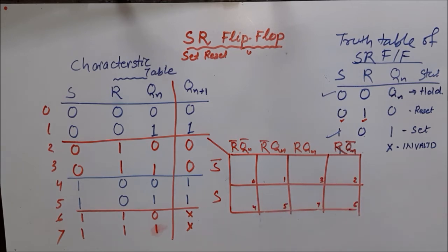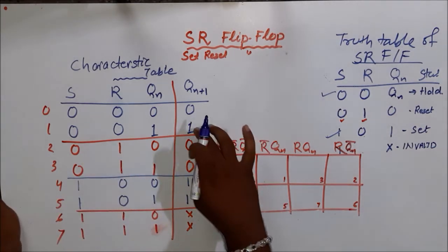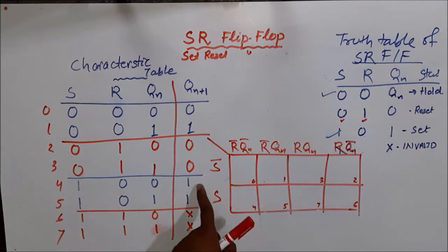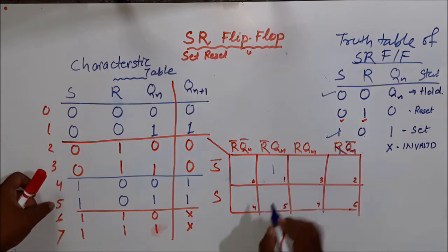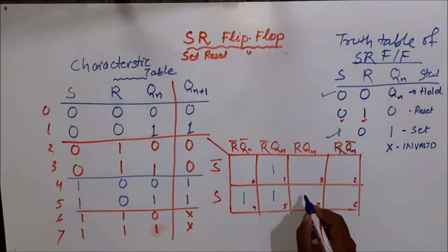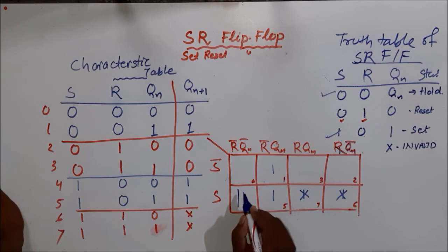And from this characteristic table, if you take Qn plus 1 where it is high, Qn plus 1 is high here, here and here. So 1, 4, 5. And we have to take the don't care condition, these two as 6 and 7. Since 6 and 7 are don't care, if you make a quad, it will come like this.